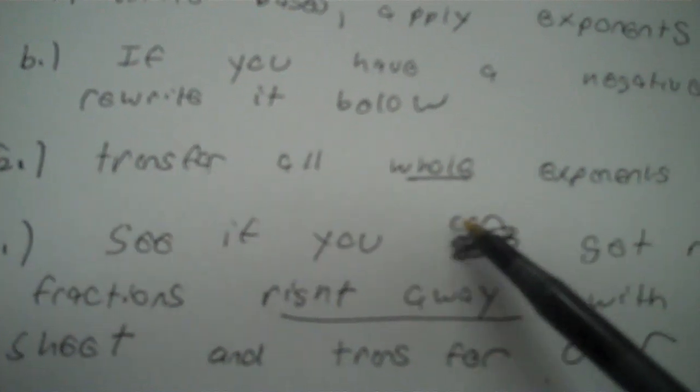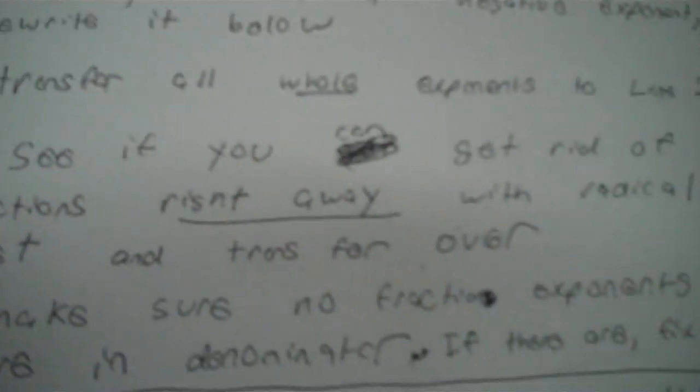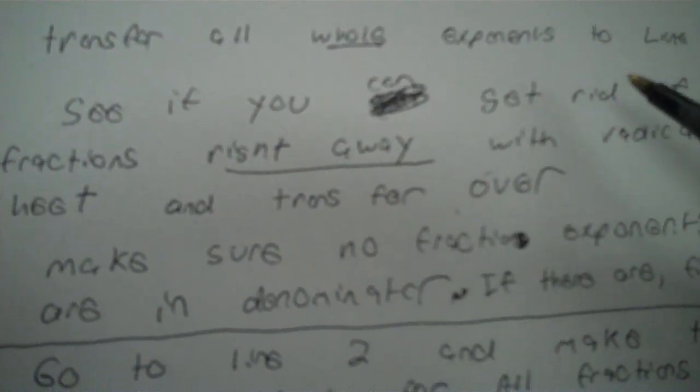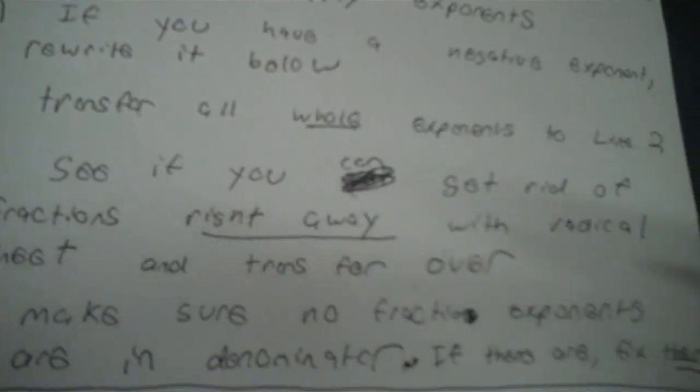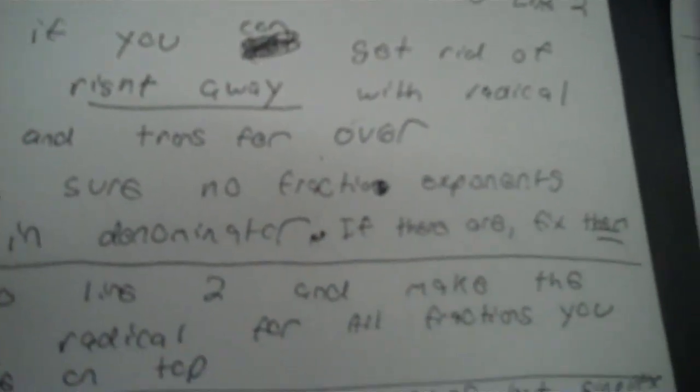Okay, if you have a negative exponent, we don't, that's positive. Transfer all whole exponents to line 2, so x to the 2nd's transferred, okay. See if you can get rid of fractions right away with the radical sheet, so I don't even have a 6th root list, so obviously we can't get rid of that. Make sure no fractions are in the denominator. There's not even anything in the denominator on the bottom, so you're fine.